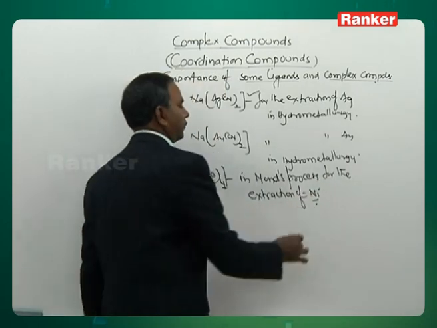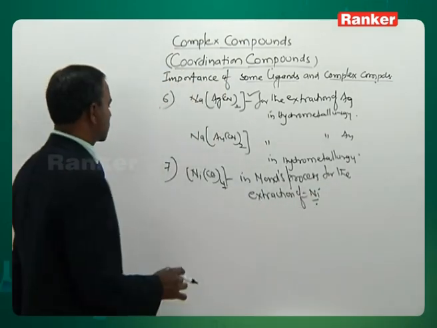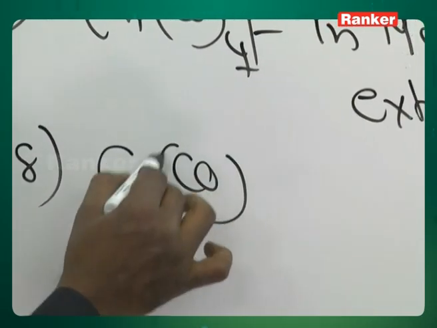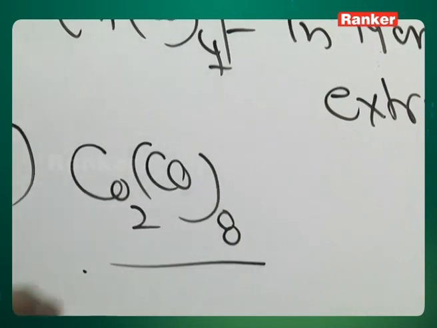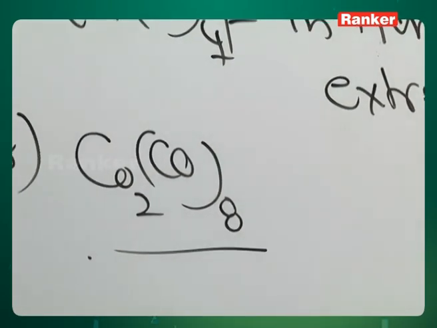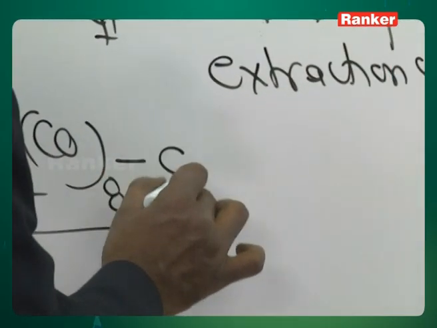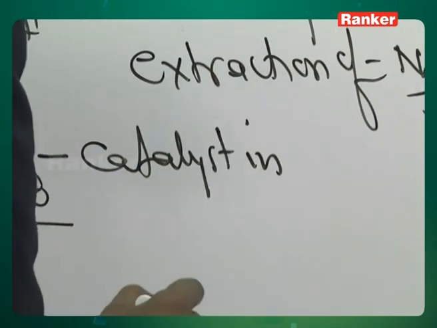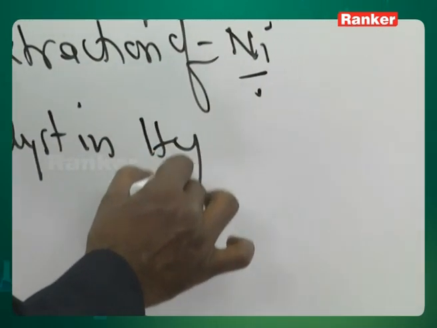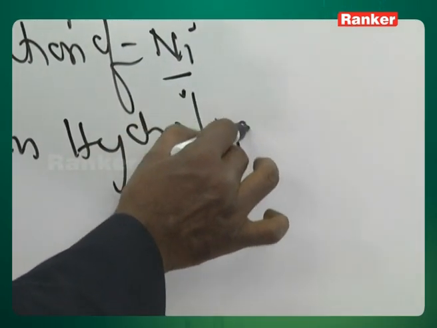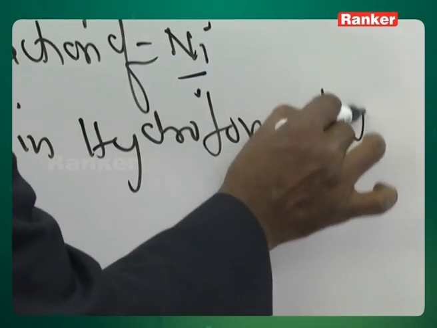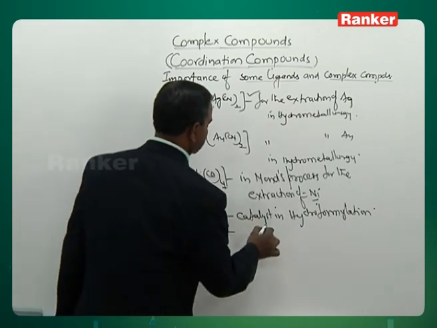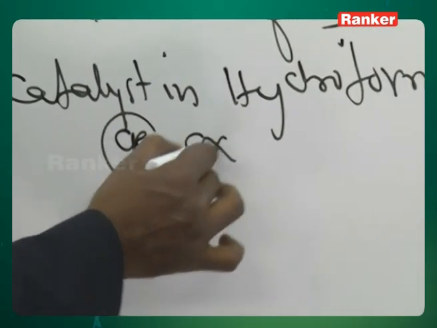Say a cobalt complex, dicobalt octacarbonyl, acts as a catalyst in hydroformylation or the oxo process.